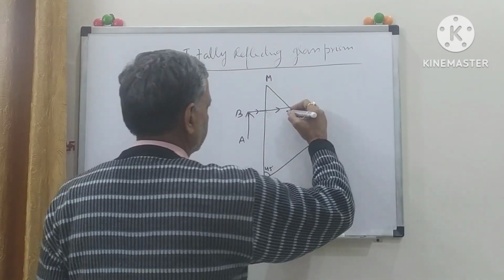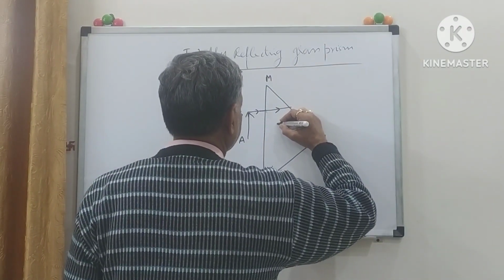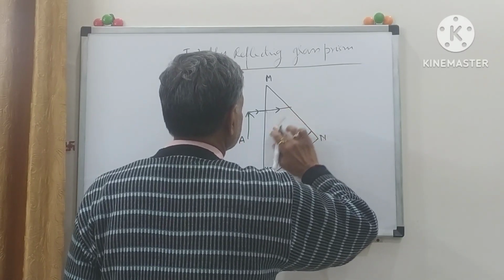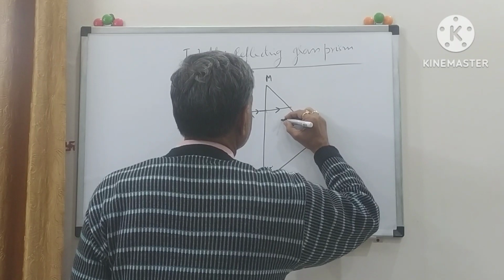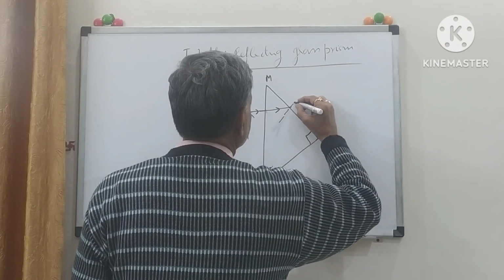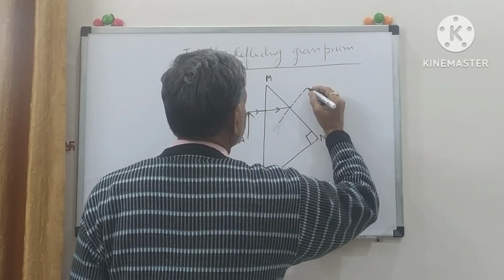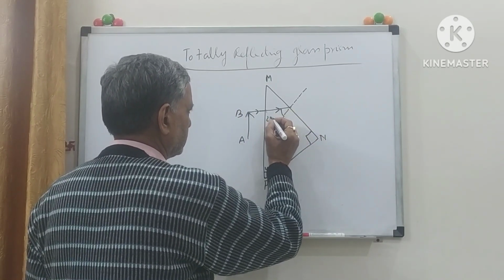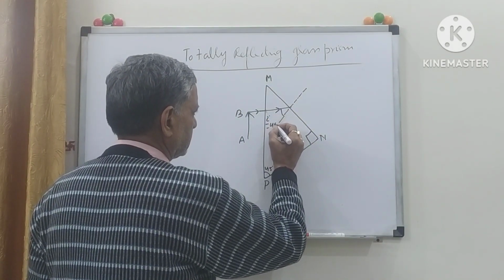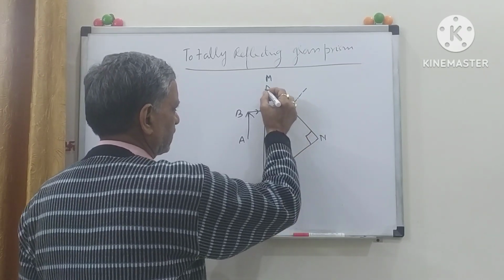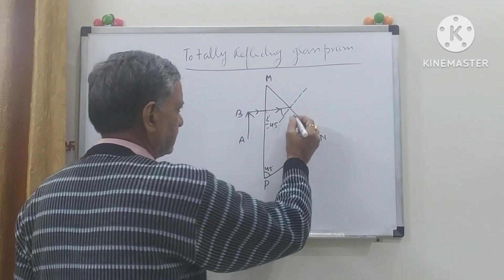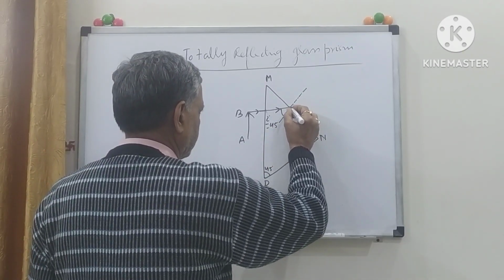At this face MN, it is not normal, so we will draw normal here. So this angle of incidence, again it is 45. Because this is 45, then this is 45. So again I is greater than IC, so it will be reflected.